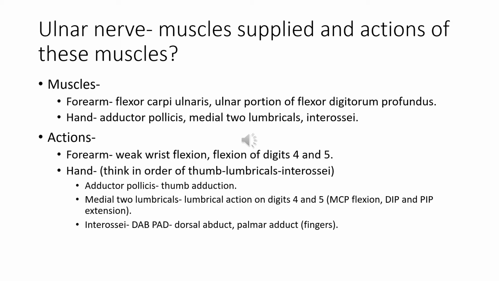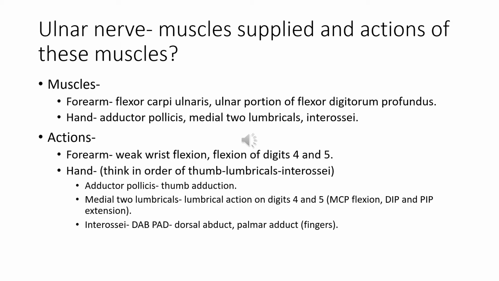Now, it innervates the medial two lumbricals, so it is responsible for the lumbrical actions on digits 4 and 5, that is flexion of the metacarpophalangeal joints and extension of both proximal and distal interphalangeal joints.